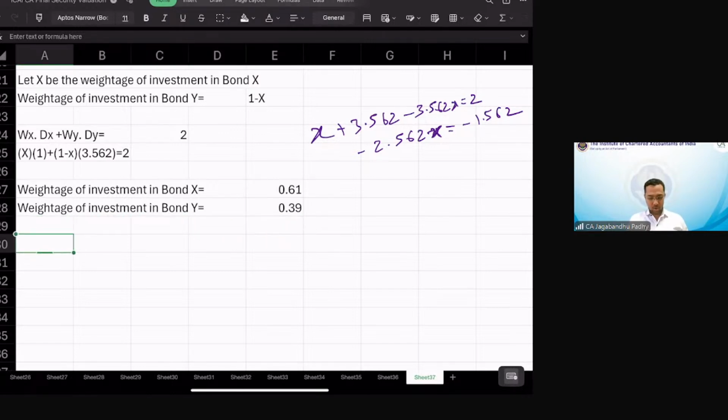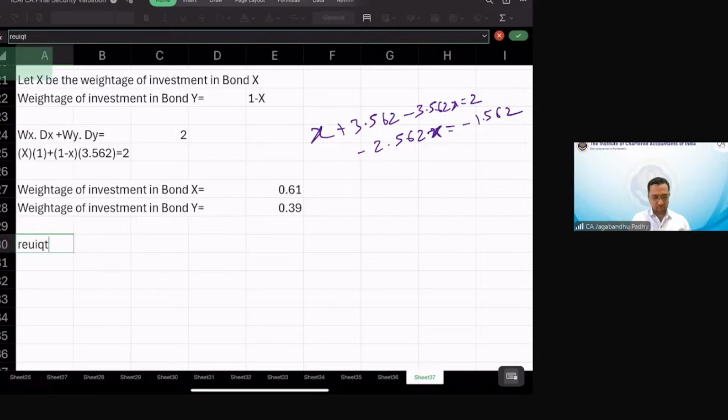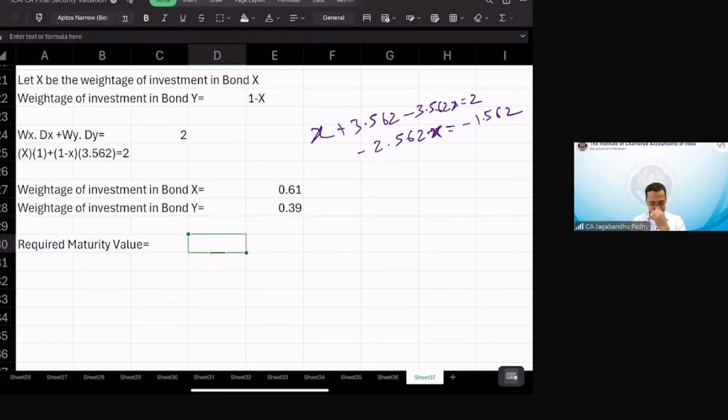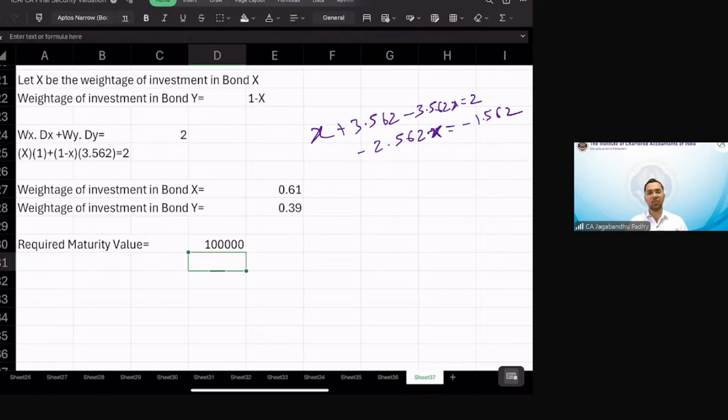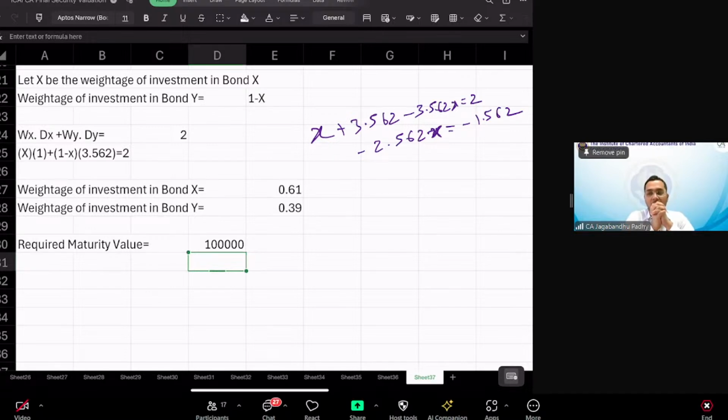Okay. Now, required maturity value is 1 lakh. So am I going to invest 1 lakh now? No. Can I say present value of investment, right?